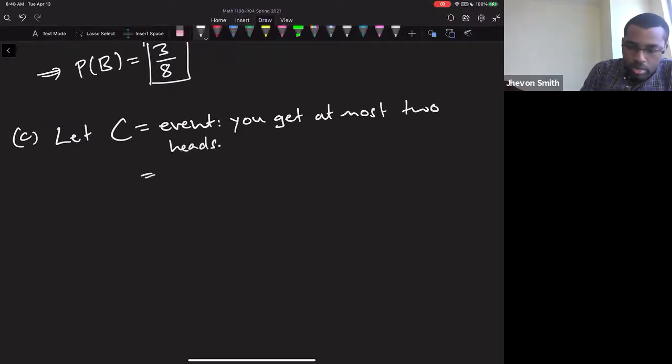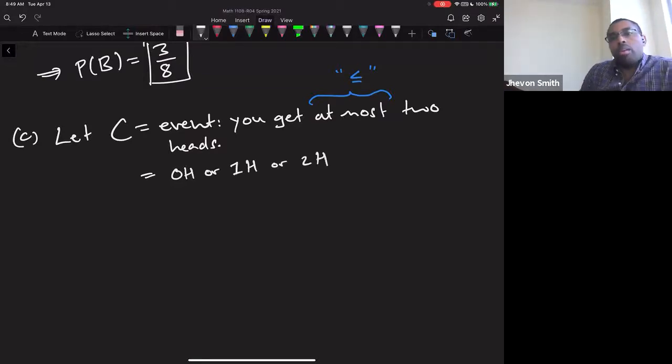So that means basically you get at most 2. Remember that means less than or equal to. So that means you get 0 heads or 1 head or 2 heads, and no more.